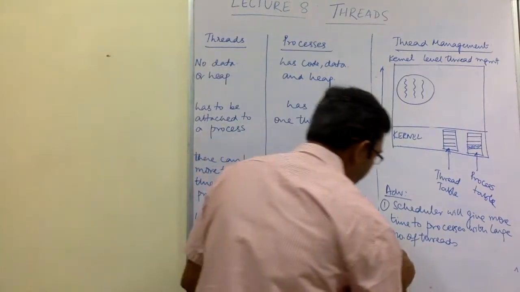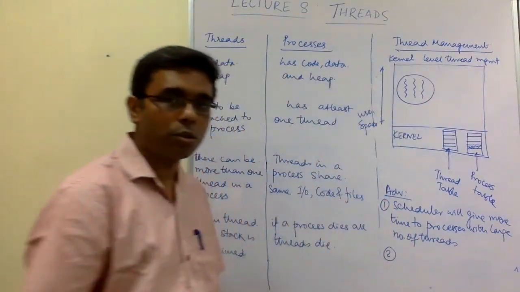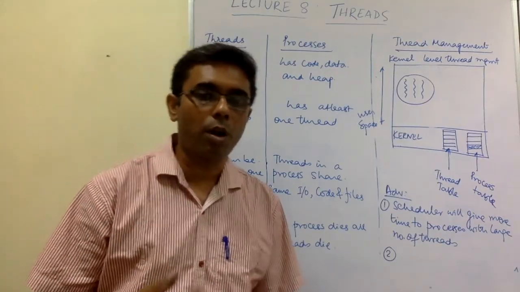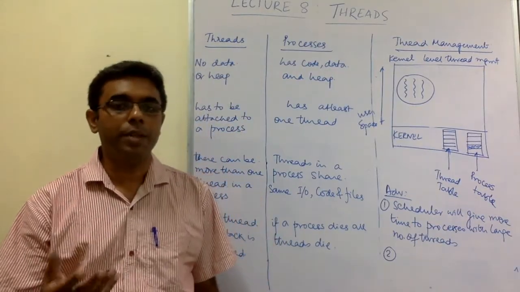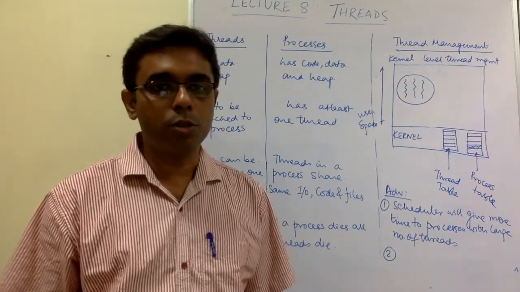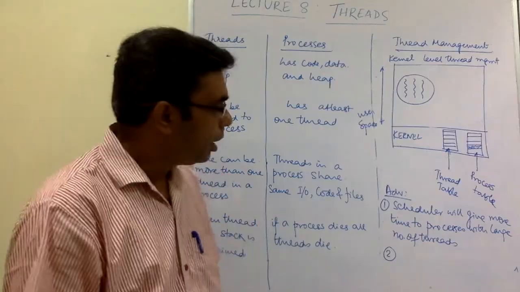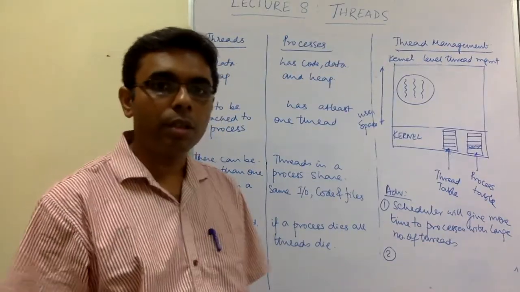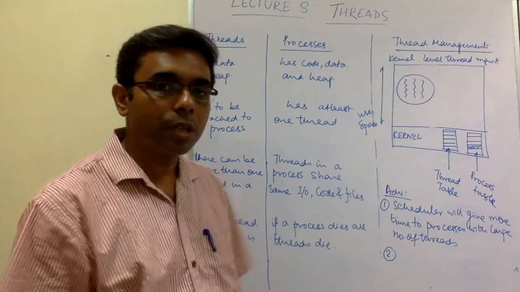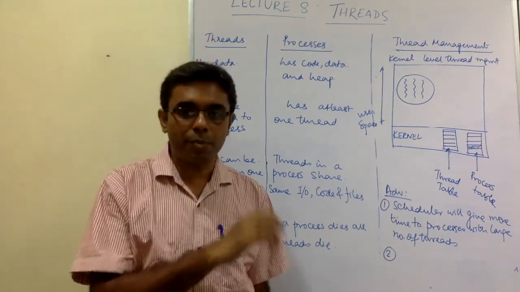And the second problem is, we saw that in case of user level thread management, when one particular thread goes into a blocked state, other threads also have to wait. Now in this case, this is advantageous. Why? Because the kernel supports multiple threads.